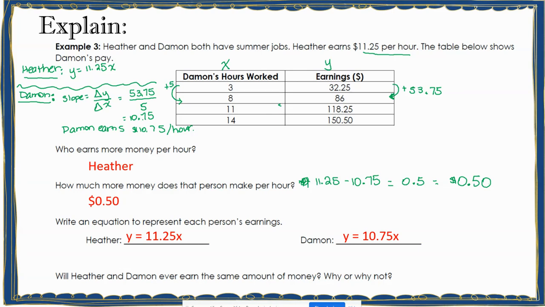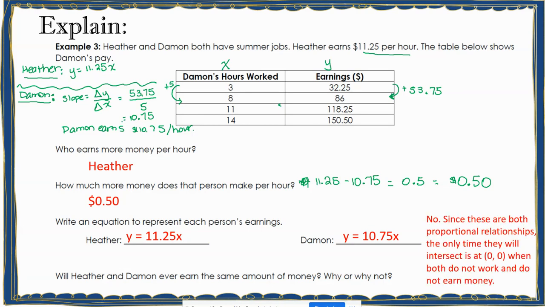Well, because Heather earns more and because there is not a point in which they would intersect because they're changing at a different rate, they would never earn the same amount of money unless we're talking about when they both work 0 hours. If they both work 0 hours, they will both make $0.